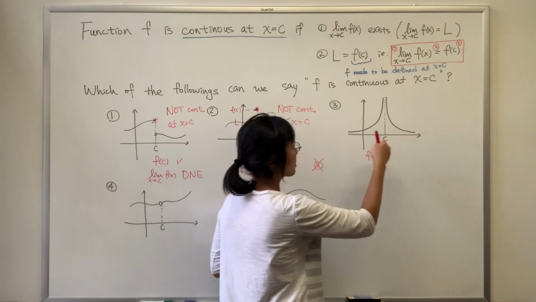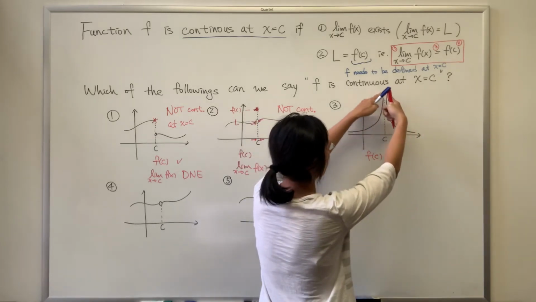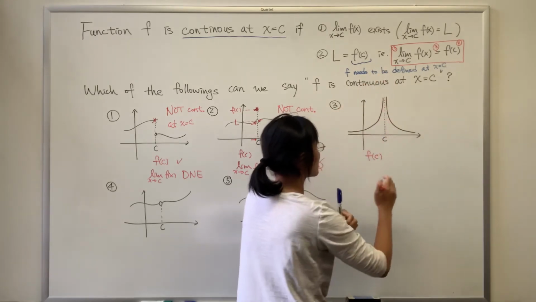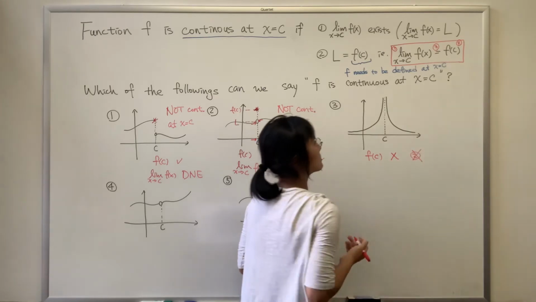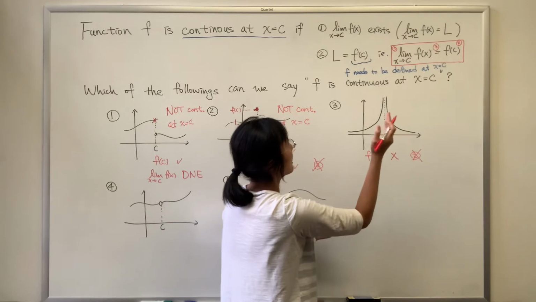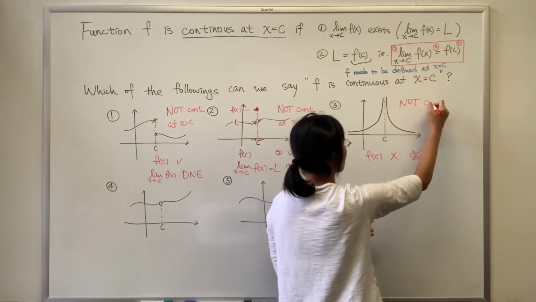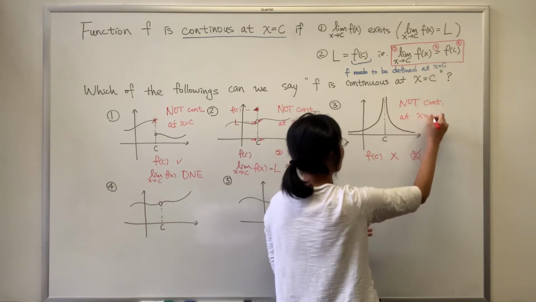Well, by looking at the graph, you can see that the function values become larger and larger, but it's never defined at c, so I don't have condition 2. All right, so basically I'm done. I can already say that for this case, we cannot say f is continuous at x equal to c.